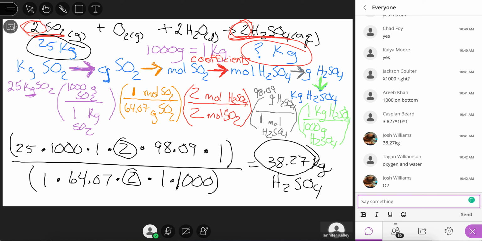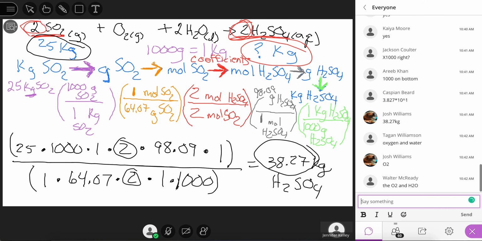Correct, the oxygen and the water. So obviously there is some amount of this and some amount of that that also goes into the reaction as well. And so when you add all that together, then you'll get the 38.27 grams. Or not grams, kilograms.